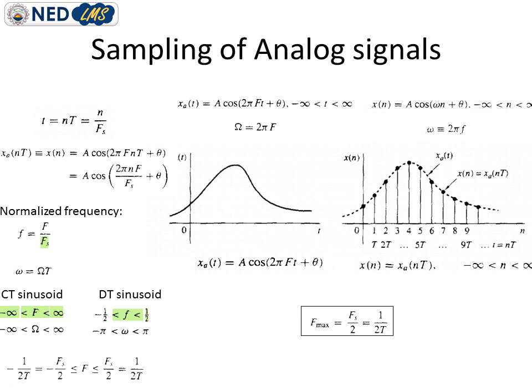After comparison, we can see that the small f in the discrete time sinusoid is equal to capital F over Fs, and we name it the normalized frequency.